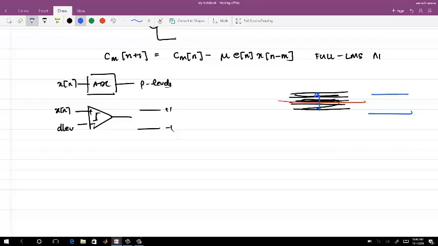So ideally, or more practically, I have basically got the sign of the error, E of n. In place of using the whole error value, I have only the sign of the error.